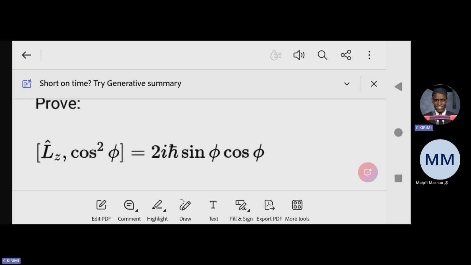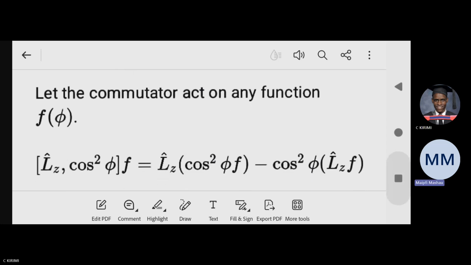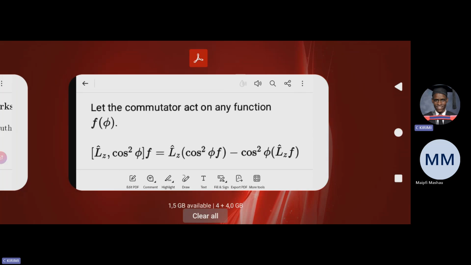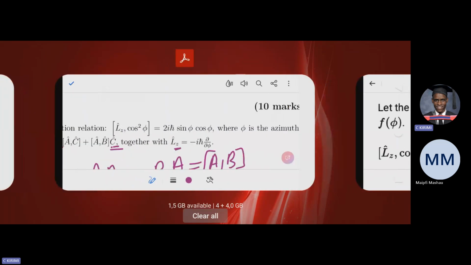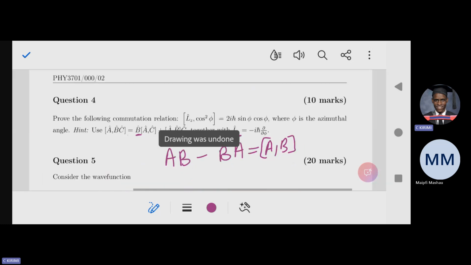And that is what we are given. Then let the commutator act on any function f of phi. The screen is sharing. So the function is a function in terms of phi.